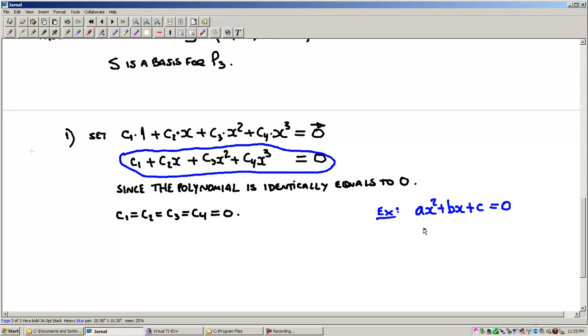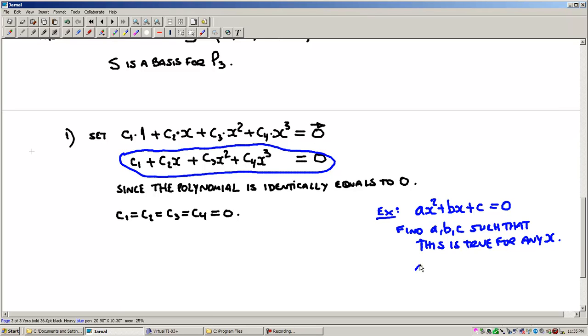So it's different here. If we want to find a, b, c such that this is true for any x, okay, remember, we're not solving for x, we're solving for a, b, c.